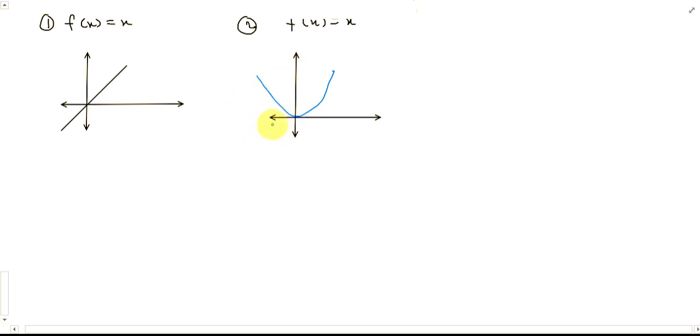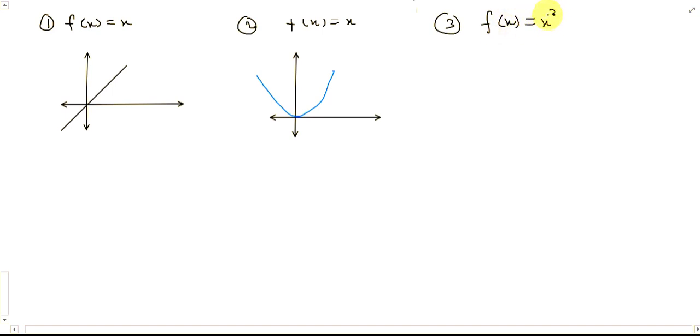We find that for all x that belongs to the domain, the function is neither increasing nor decreasing, because in this part the function is decreasing and in this part the function is increasing. If we talk separately, for x from minus infinity to 0 the function is strictly decreasing, and for 0 to infinity the function is strictly increasing.